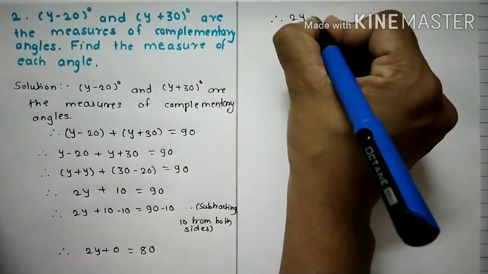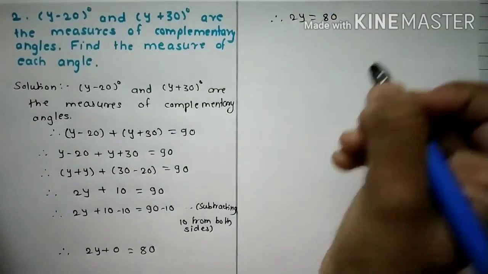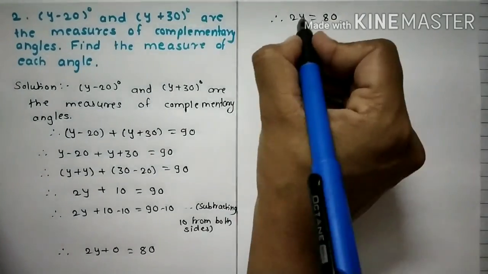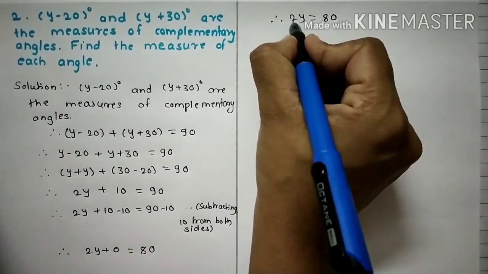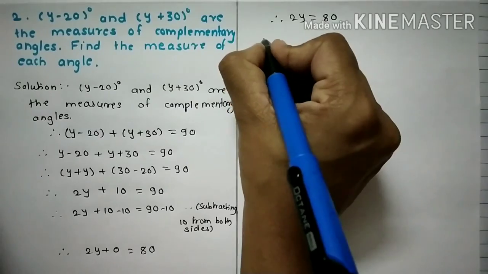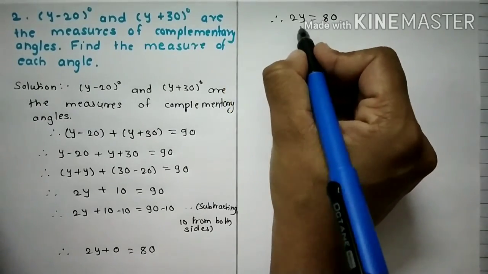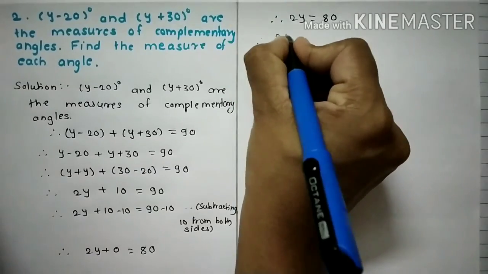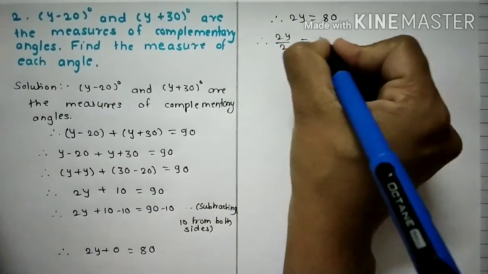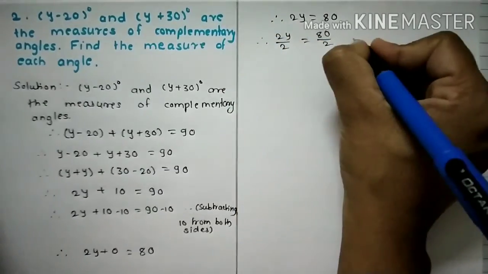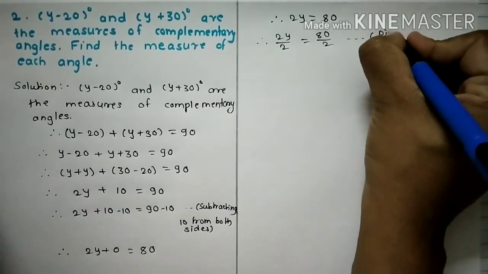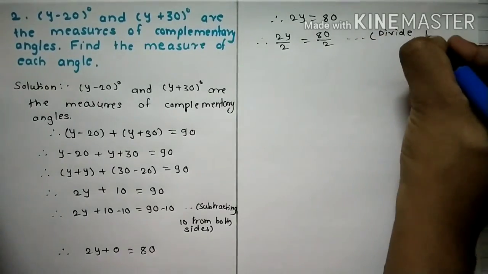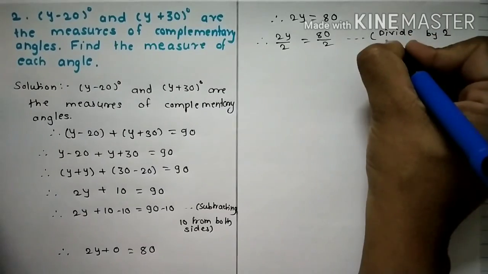That is, 2y equal to 80. Now we remove this 2, therefore we divide both sides by 2. Therefore 2y divided by 2 equal to 80 divided by 2. Write down here the reason: divide by 2 on both sides.